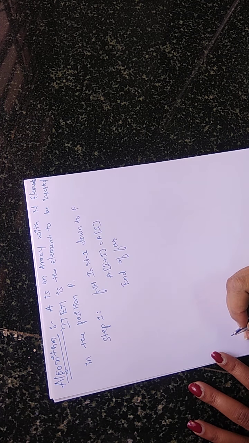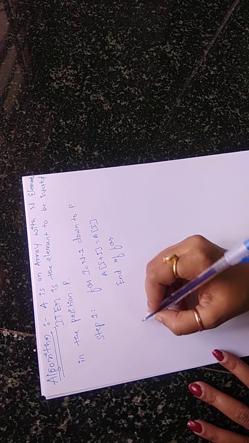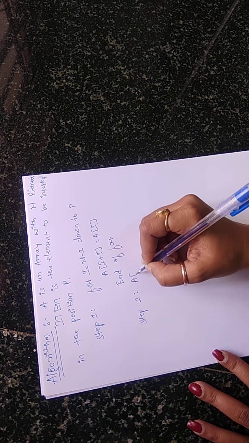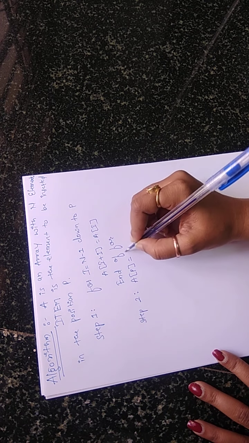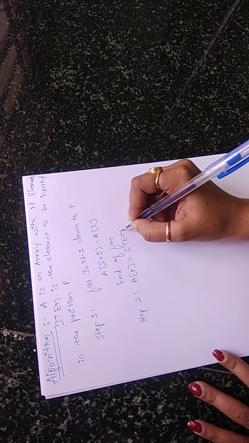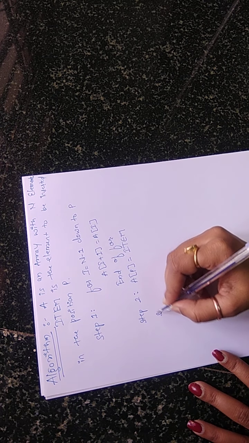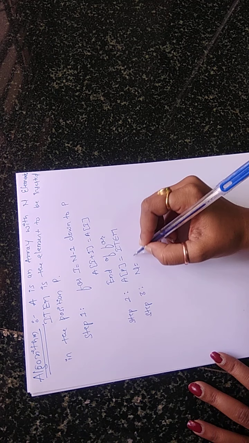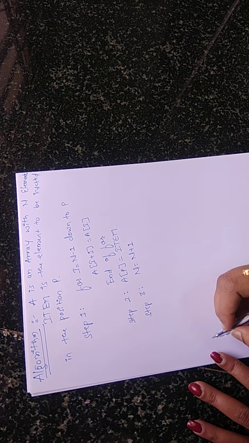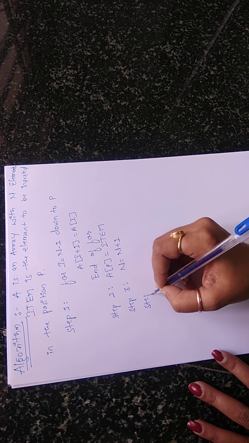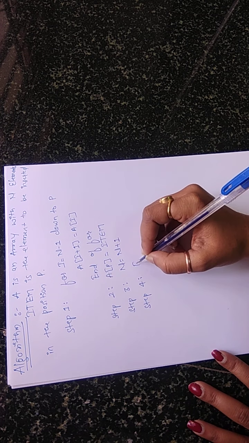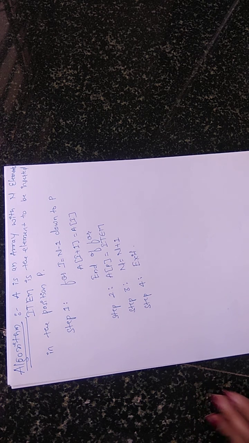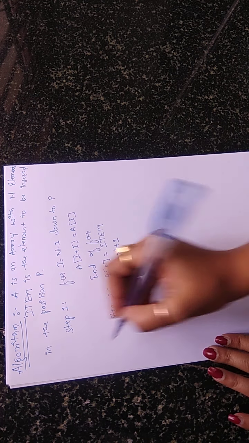Step 2: A of P is equal to item. Step 3: N is equal to n plus 1. And step 4: Exit. So again we have 4 steps.